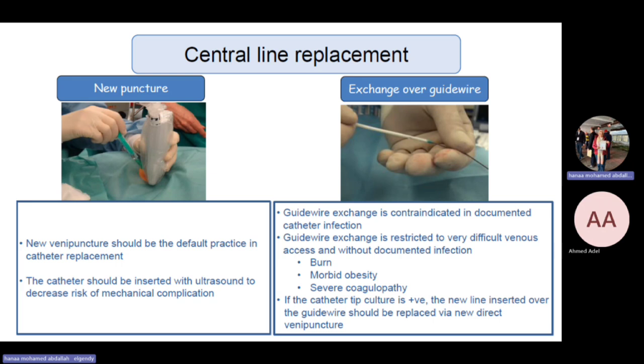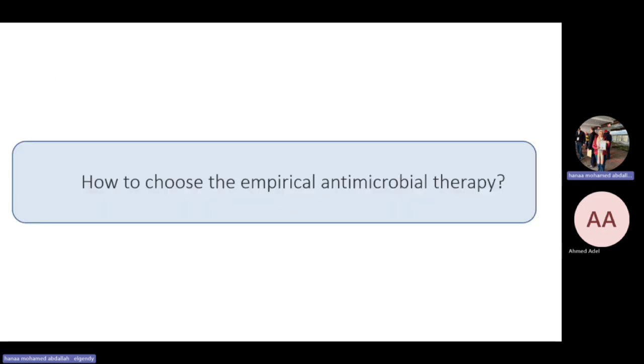Exchange over a guidewire should never be done if the catheter has signs of infection or suspected CRBSI. So guidewire exchange is restricted to difficult cases like burns, obesity, or severe coagulopathy, without documented infection. And if the catheter tip is positive, the new line inserted over the guidewire should be replaced by a new direct puncture.